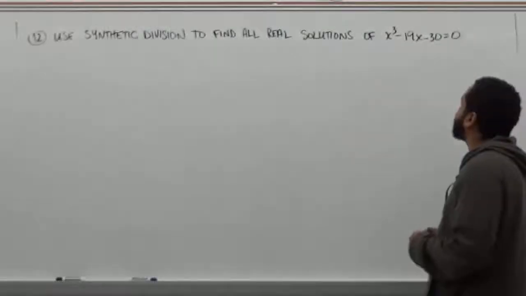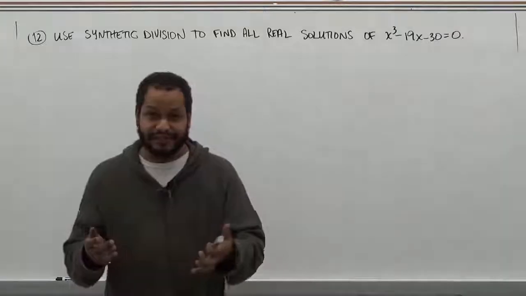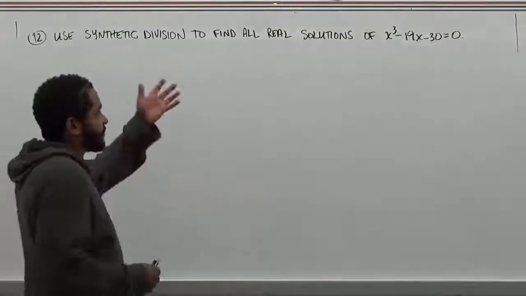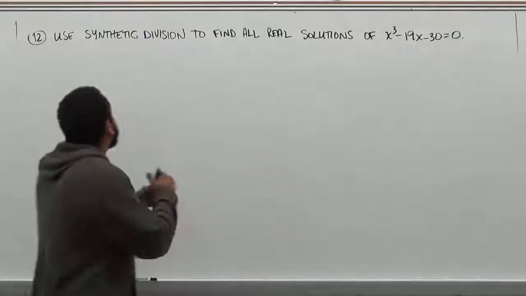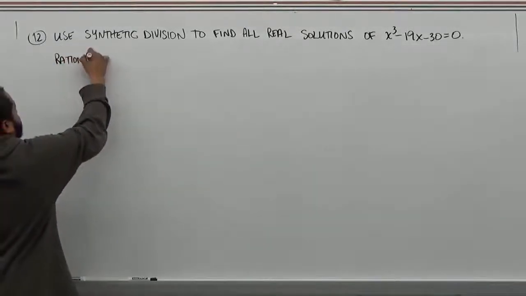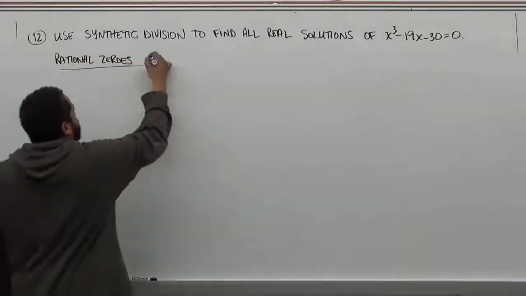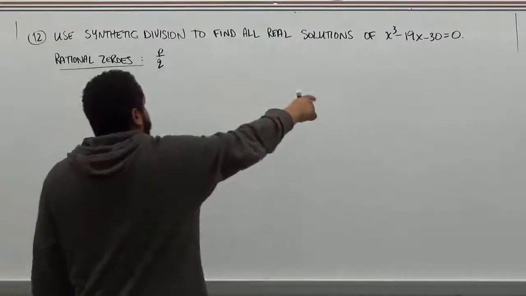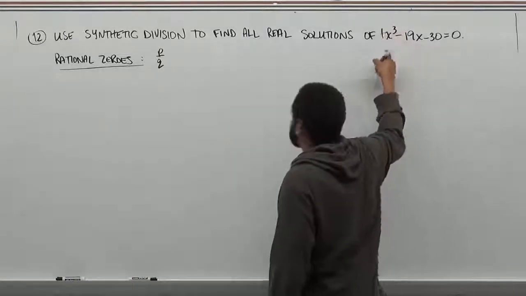So firstly, to find all the real zeros of this equation, we should be using something called the rational zero test. The rational zero test takes the coefficients of the first term and the last term, and we create a quotient called P over Q. Our rational zeros are going to be based on the quotient of P over Q, where P is the final number, the constant, and Q is the leading coefficient of the x cubed term.